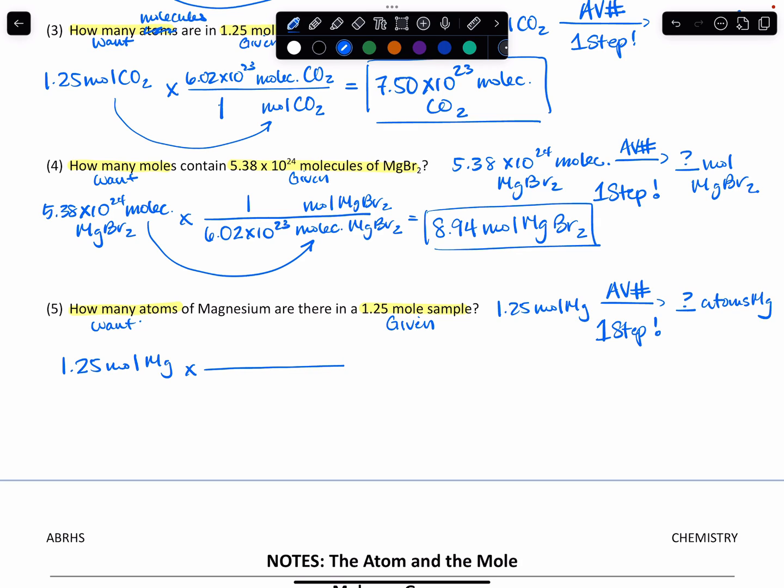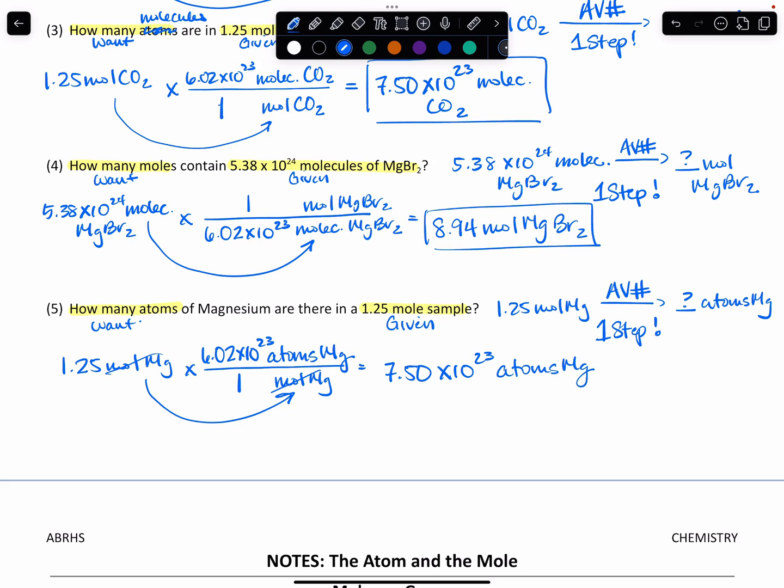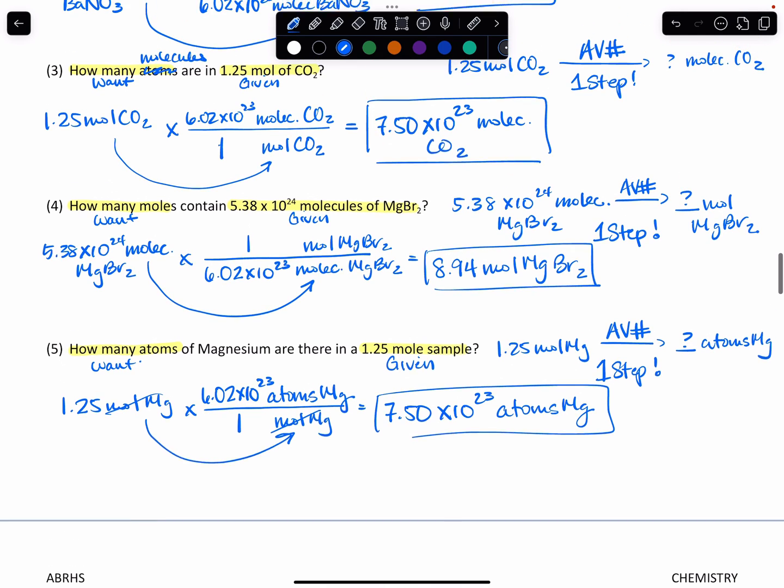Our unit equality, rather, the conversion factor, we're going to put the moles of magnesium in the bottom, and what we want, atoms of magnesium up top. And our equality tells us that for every 1 mole of magnesium, it contains 6.02 times 10 to the 23rd atoms. All right, so that'll let us cancel those moles. All right, and we're going to find that we have 7.50 times 10 to the 23rd atoms of magnesium.